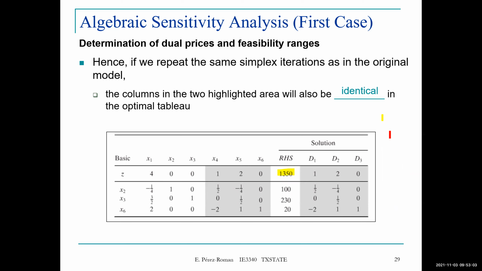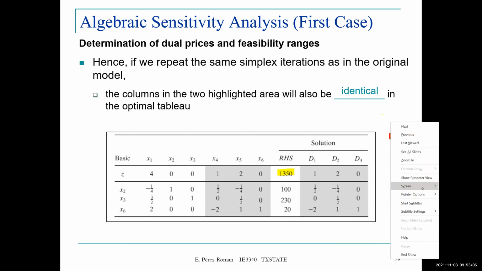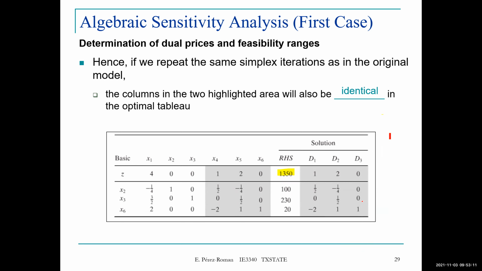Okay, so Z is 1,350, X2 equals 100, X3 equals 230, and X6 equals 20. What I want you to see is that at the end, in the optimal solution, this area where the initial solution was given, right?